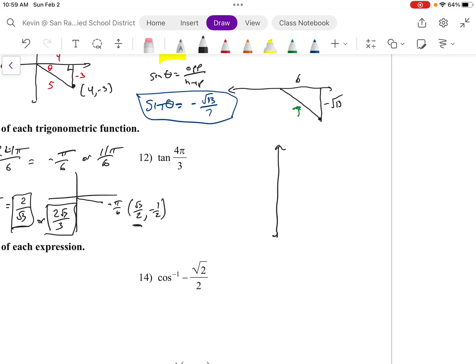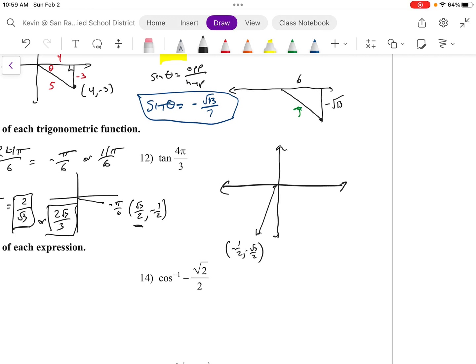Let's see, 4 pi over 3. That is on our unit circle. 1, 2, 3, 4 pi over 3 is down here. And this is -1/2 and -√3/2. Tangent, right? Tangent x equals y over x.